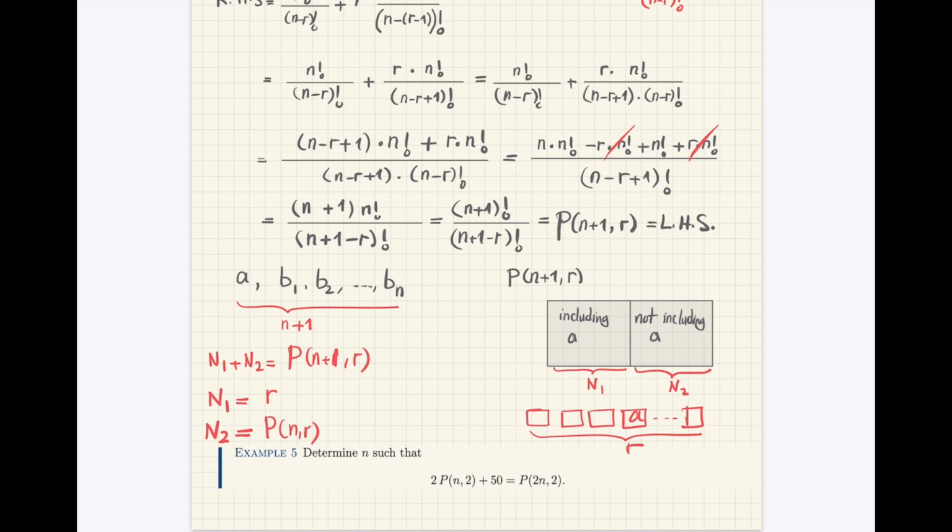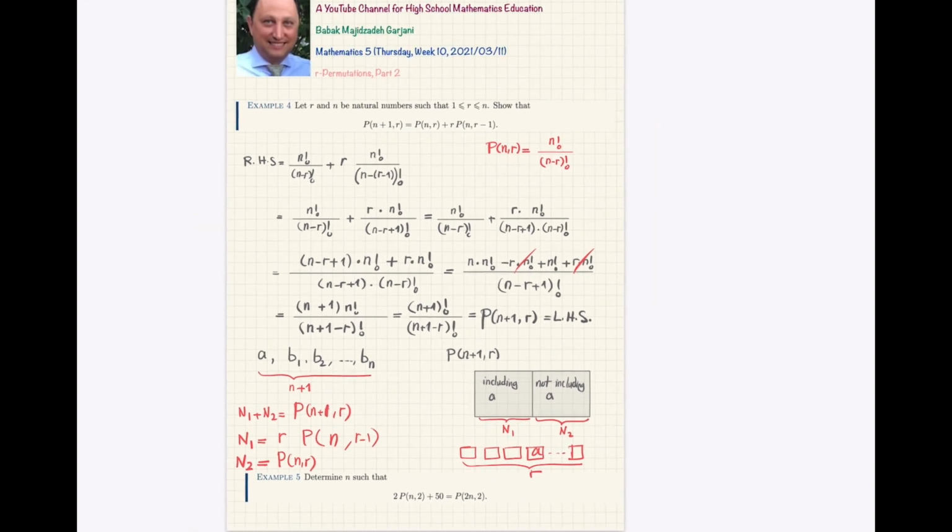But what is the rest of it? For the rest we have R minus 1 positions, chosen from how many objects? N objects. Is that the same thing here?